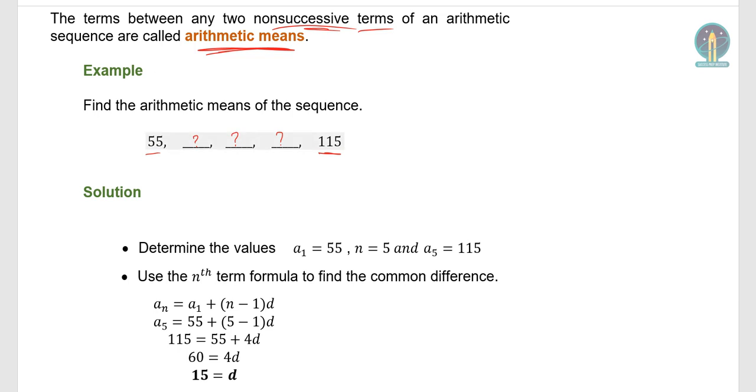So we know that there's 3 terms between 55 and 115 in this sequence, which starts at 55 and ends at 115. Or at least the terms that were given start at 55 and end at 115, and there are 3 terms in the middle.